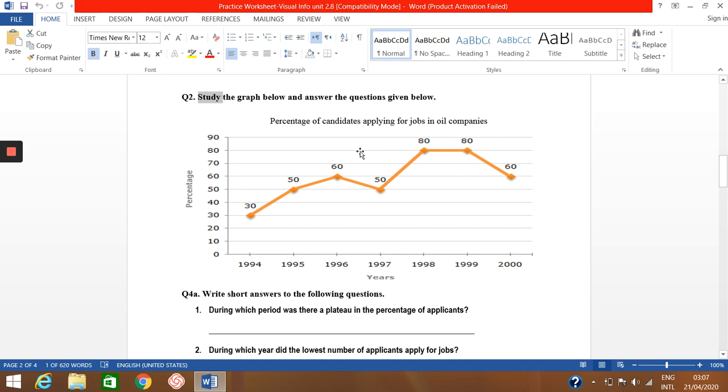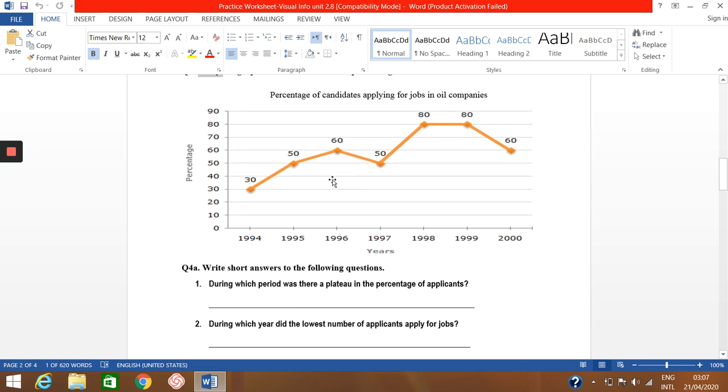Straightforward. And as you can see, our graph here is trying to link the information given in the two axes. In the x-axis here, we have the years, starting from 1994 to the year 2000. And here we have the percentage, starting from 0 to 90%.